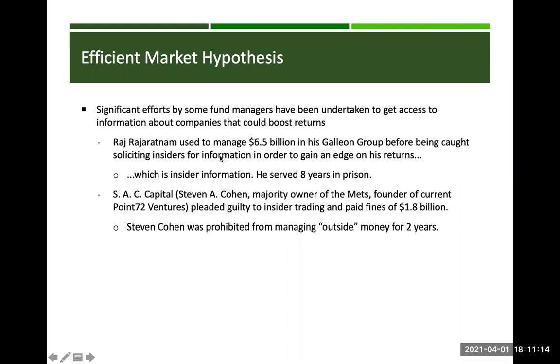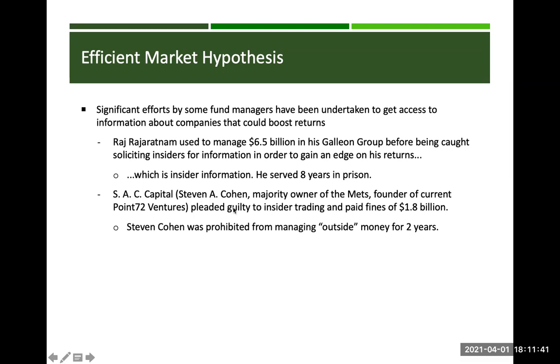But Raj Rajaratnam, Galleon Group, used to manage $6.5 billion, and he essentially would solicit information from insiders. He served 8 years in prison, though his sentence was originally 11 years. Don't worry, he's fine. He has a really nice apartment on the Upper East Side of Manhattan.